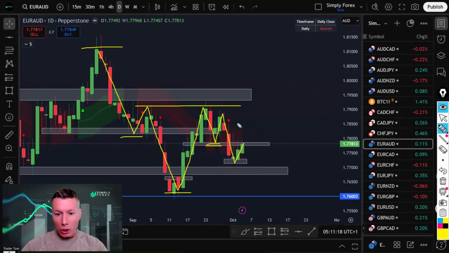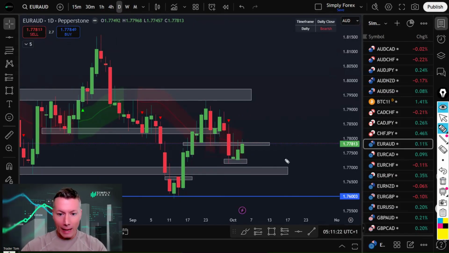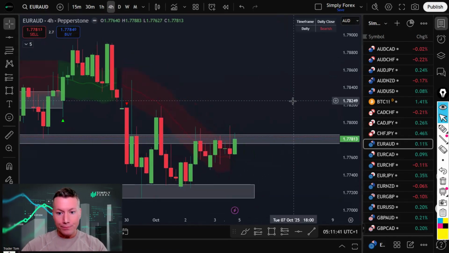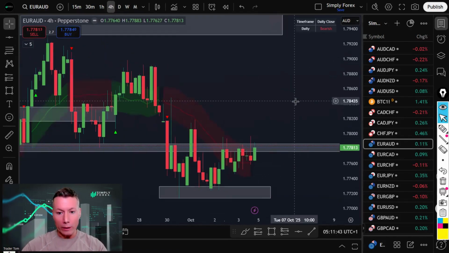So that's confirmation that we are in this downtrend. And as you can see, we're just getting bearish candles, top wicks, right? There's some sellers in here. So we could be at a really nice level right now for sales with Euro Aussie dollar, potentially all the way back down to here. And if we drop to the H4, this is what we will be waiting for.